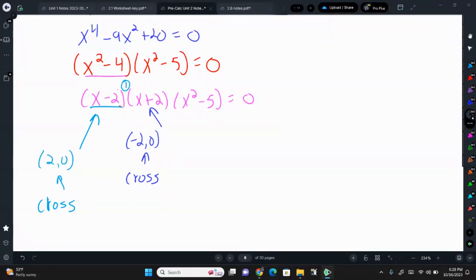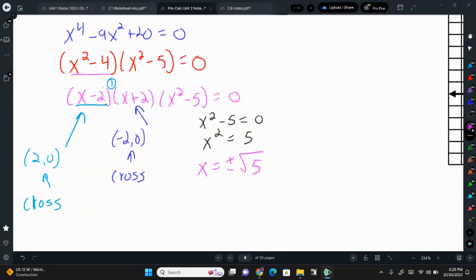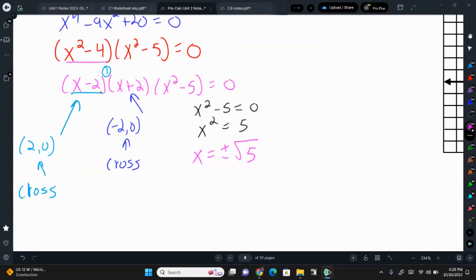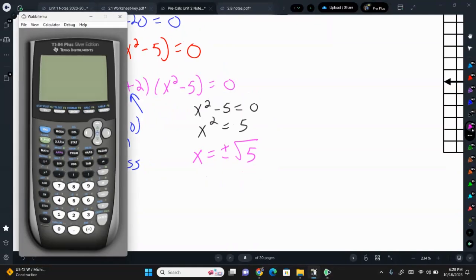Now with this one, x squared minus 5, because it is not a linear factor, we have to do x squared minus 5 equals 0, x squared equals 5, and then we square root both sides. We get x equals plus or minus the square root of 5. And we're going to get a decimal approximation for that. The square root of 5 is 2.24.